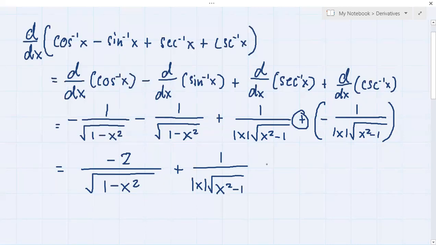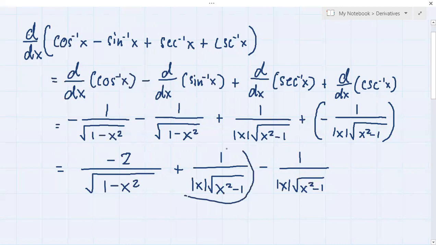So positive times negative, ano mangyayari? Di ba magiging negative? So we will have negative 1 all over the absolute value of x times the square root of x squared minus 1. And as you can see, both of them, ito, si third term at saka si fourth term dito, they are almost the same.